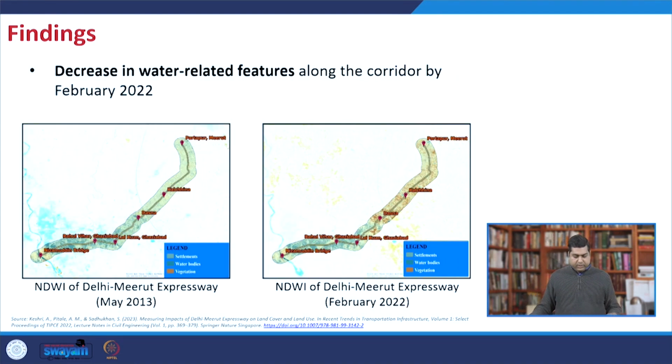Now, coming to the water index, there are also certain changes. There is a drop. You can see some of the areas which had a slightly higher water index, which has reduced in this particular part.